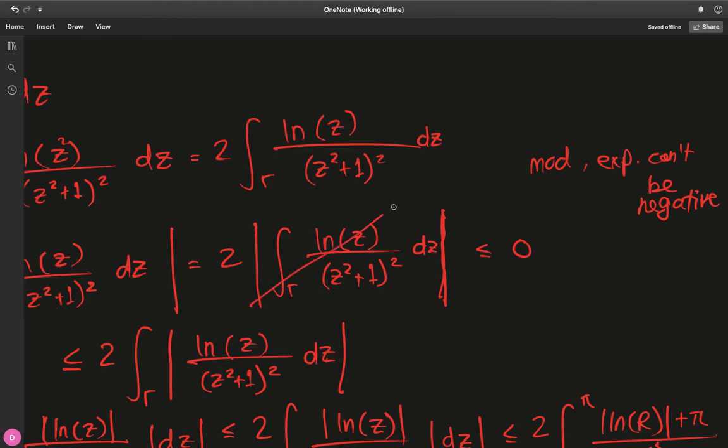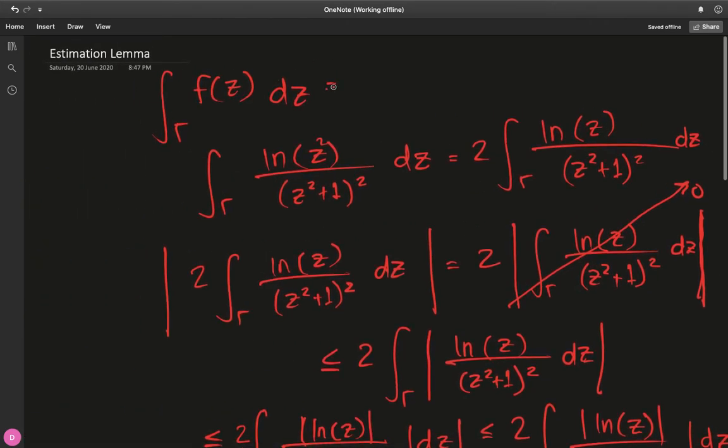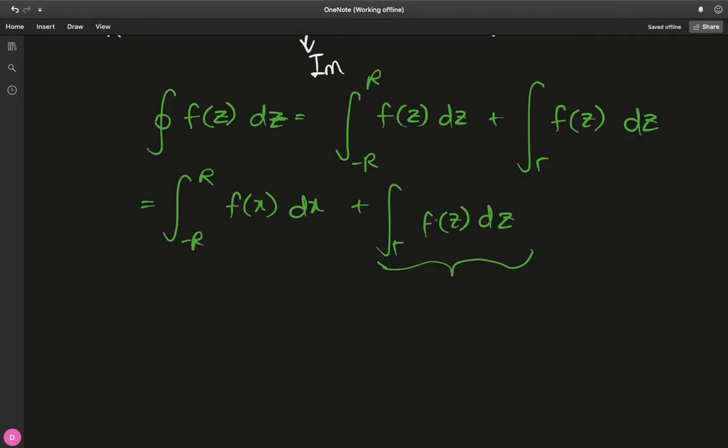So this thing just entirely goes to 0. So the entire integral over gamma is 0. That's how the estimation lemma is useful for calculating these unwanted regions. So by estimation lemma, this just went to 0.